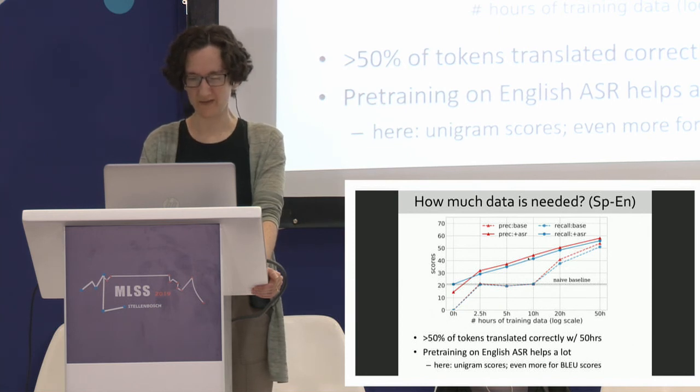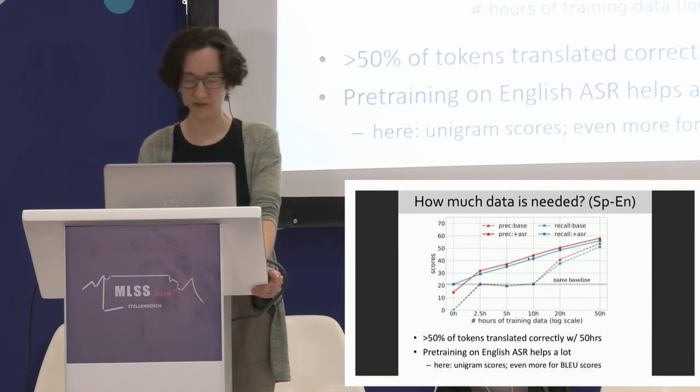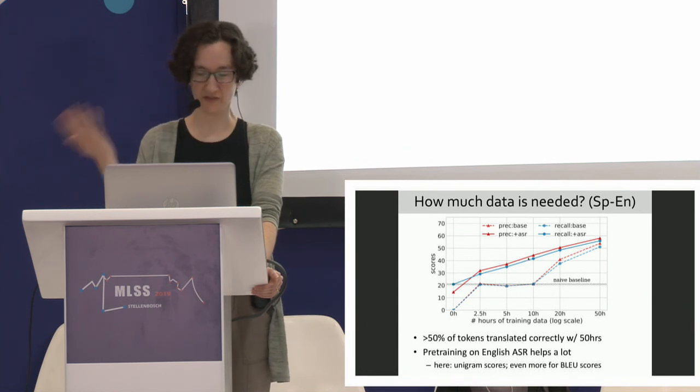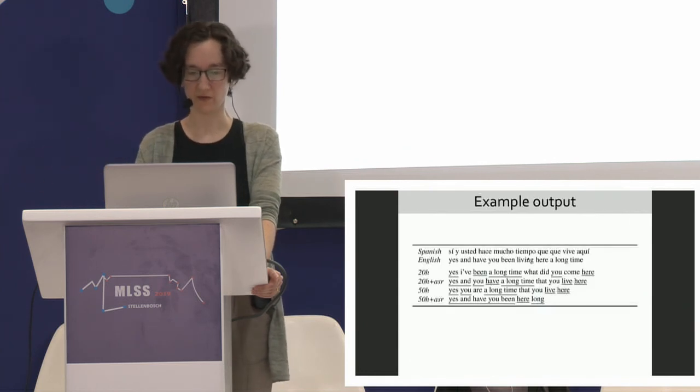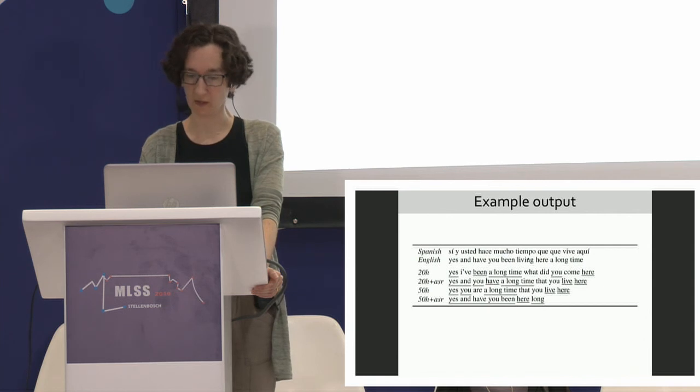And just to give you some sense of what this actually means, here is a single example of one of the translations. Right? So we've got the Spanish. We actually do have the transcriptions if we want to look at them, although we weren't using them for training. We've got the English translation that was the human translation.